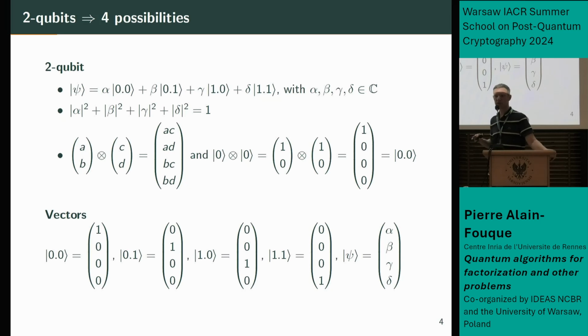So I can do this with all the different basis vectors, and I will get the four-dimensional basis. And so any 2-qubit state can be described by linearity using alpha, beta, gamma, and delta, using a four-dimensional vector.